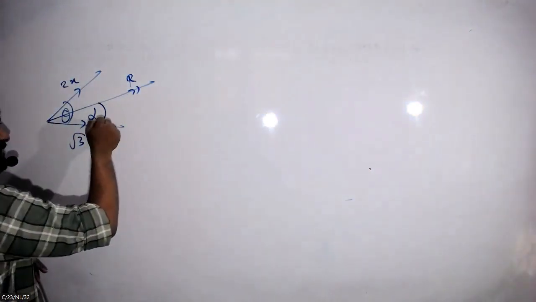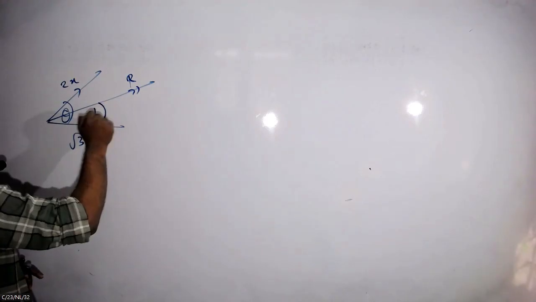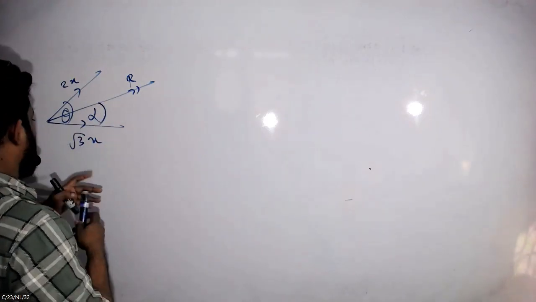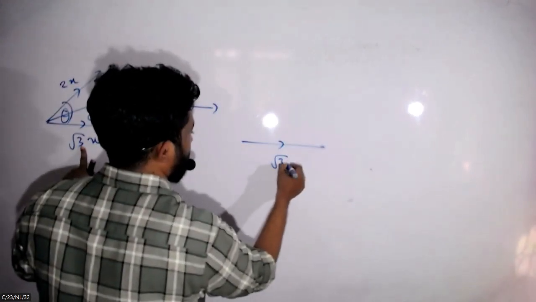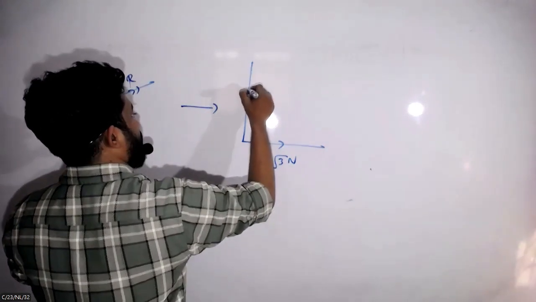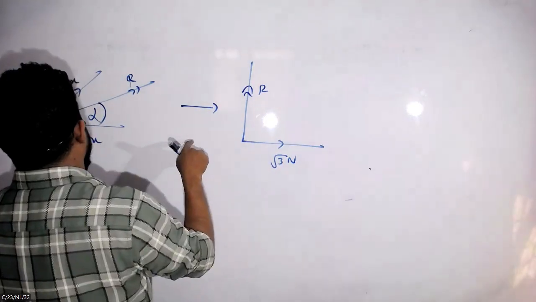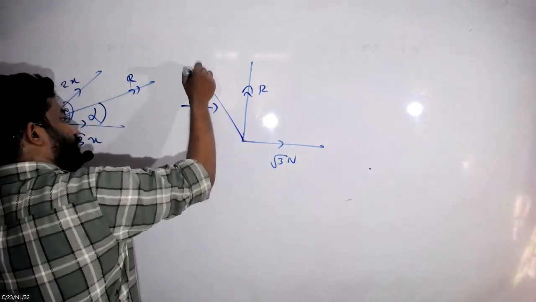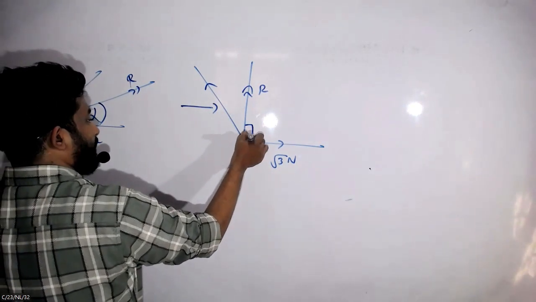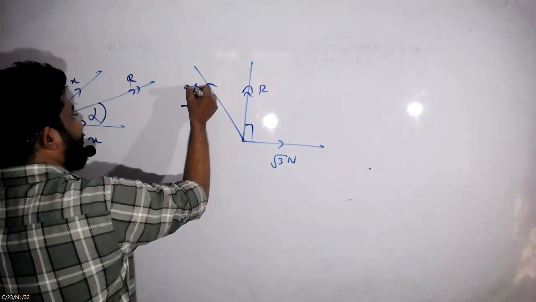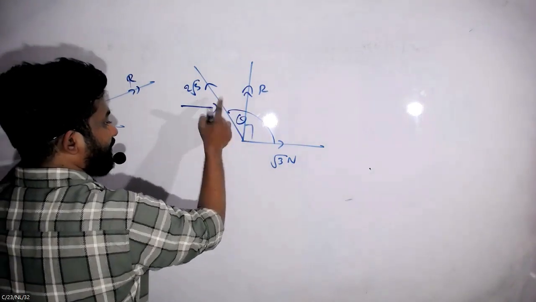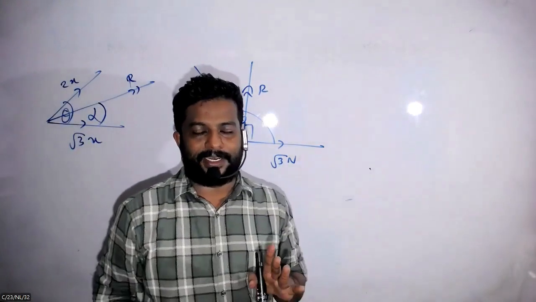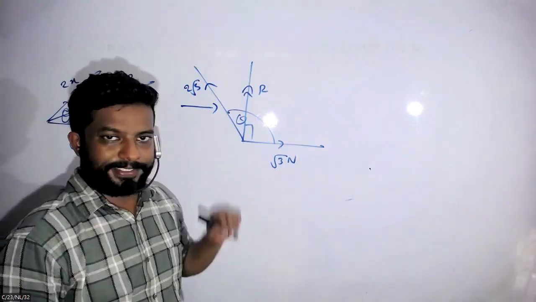When the resultant makes an angle of 90 degree with this root 3x, this angle theta should be greater than 90 degree. Why? The resultant should lie between these two vectors. Therefore, the angle between the two vectors is an obtuse angle. Right? First, you need to identify this point.